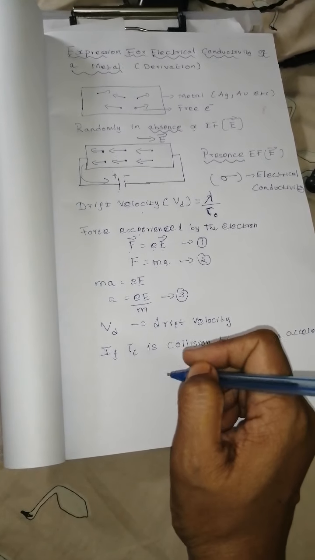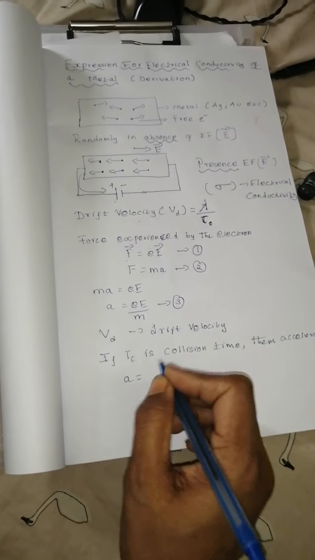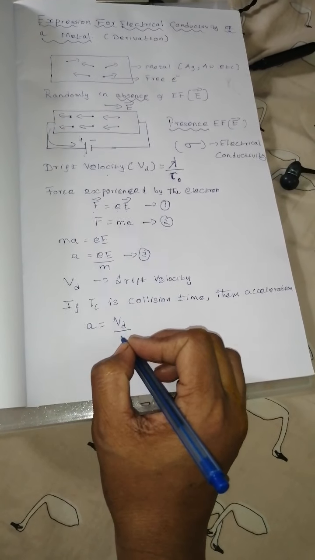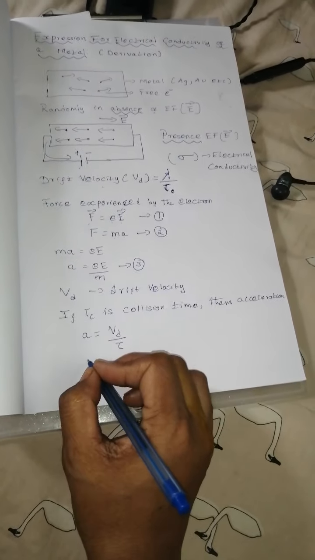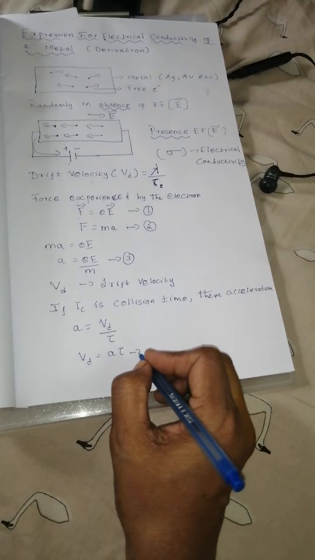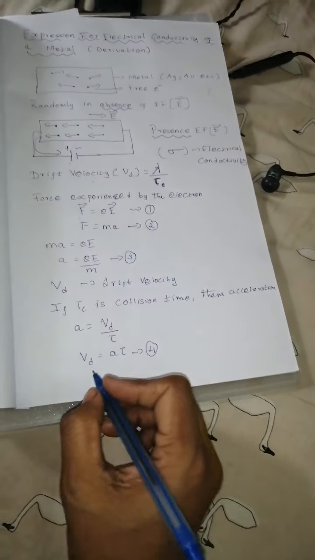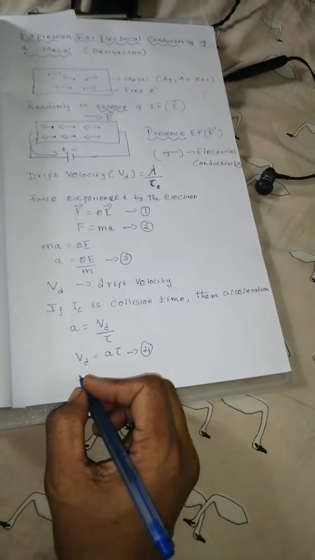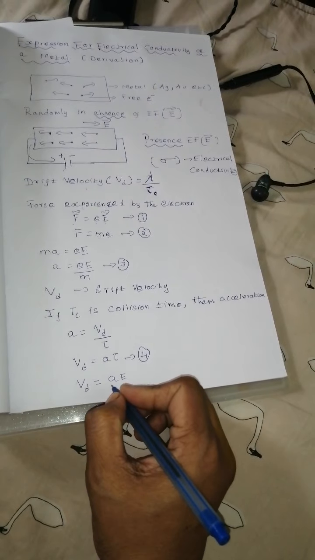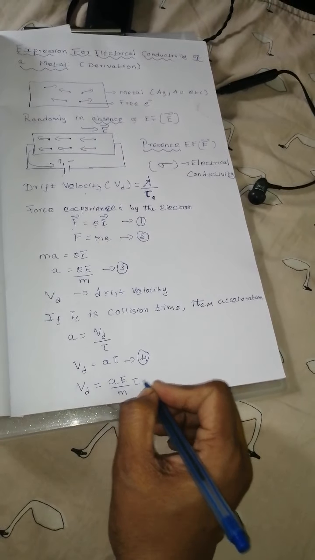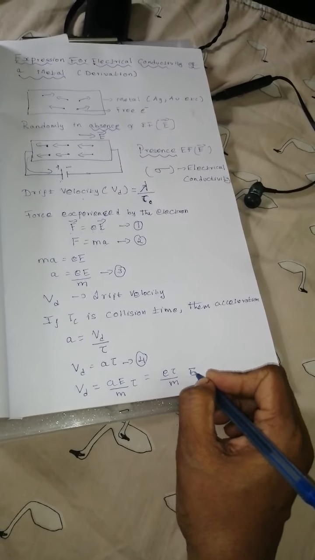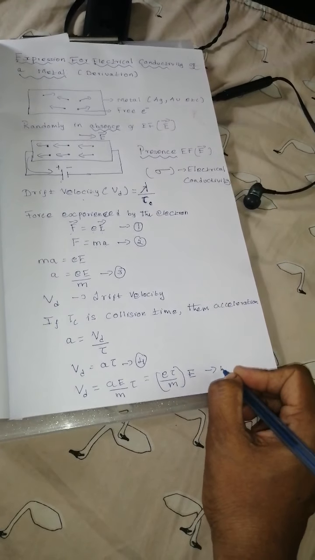Acceleration is nothing but velocity divided by time. The velocity here is the drift velocity Vd, and the time is tau. So drift velocity is equal to a tau. This is equation 4. Already we derived the acceleration as eE divided by m. Now substitute: Vd is equal to a tau, which is equal to e tau by m into E. This is equation 5.